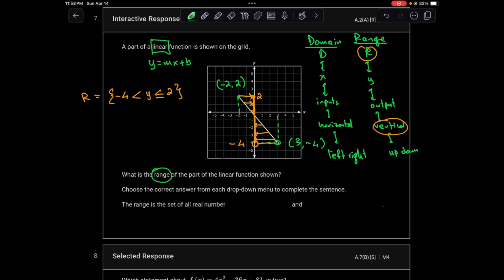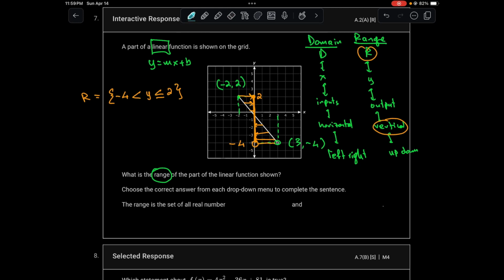Now, suppose that I was looking for the domain. What would I do? If I was looking for the domain, I would project. Let's not erase that.